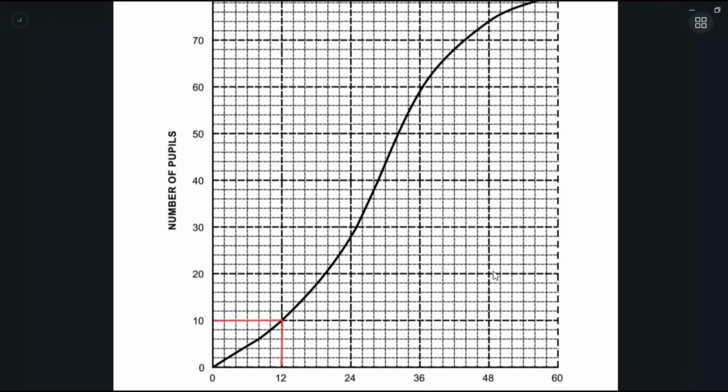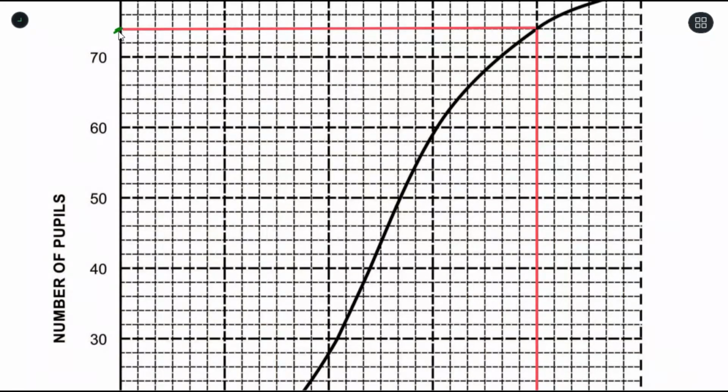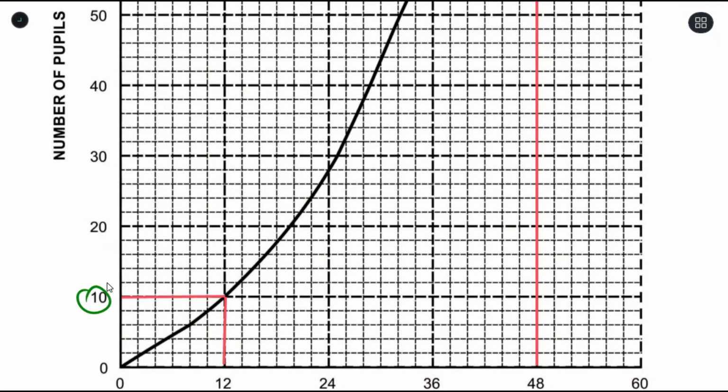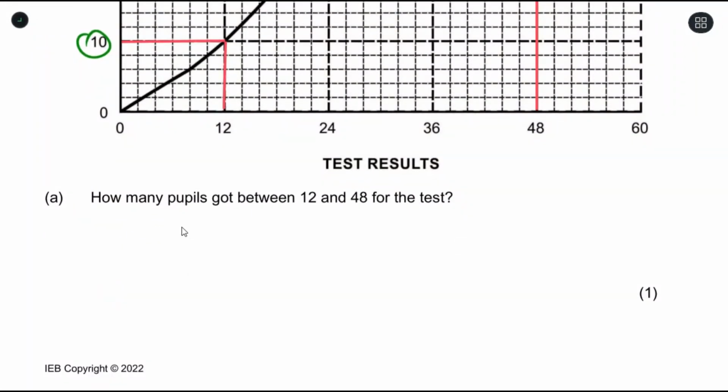Then for the 48, we go up to here, which represents 74. So the first one is 10, and the number of students would be 74 minus 10, which is 64.